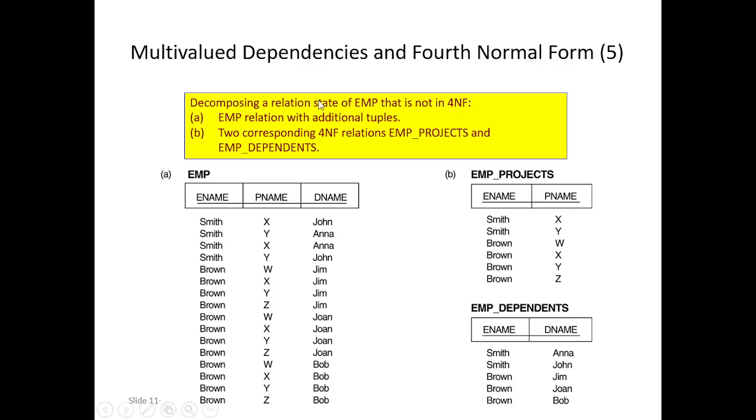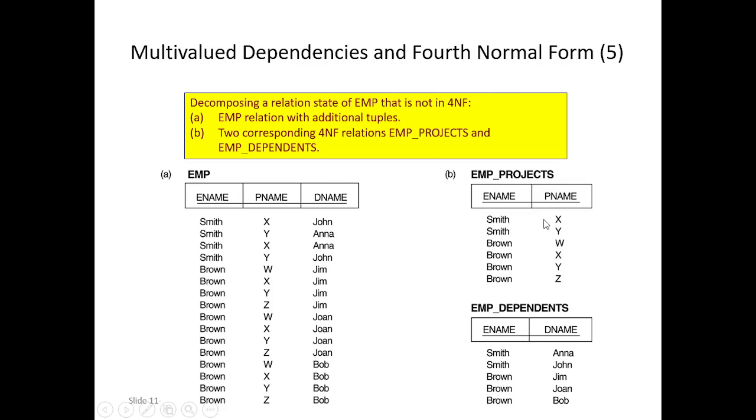This is another example, where we have the same example with more data. Smith, Brown and Brown. So we again divide this into employee_projects and employee_dependents. There we have E name, P name.